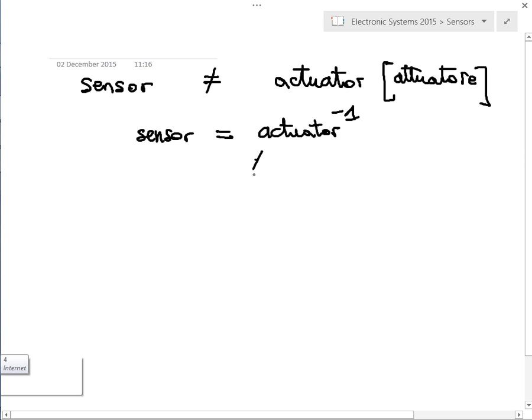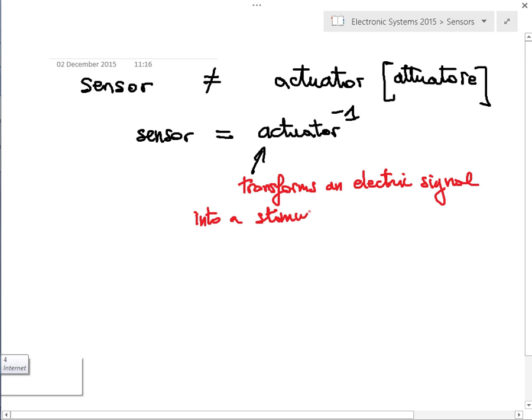Basically, the actuator performs exactly the opposite function of a sensor, transforms an electric signal into a stimulus with a different form of energy.